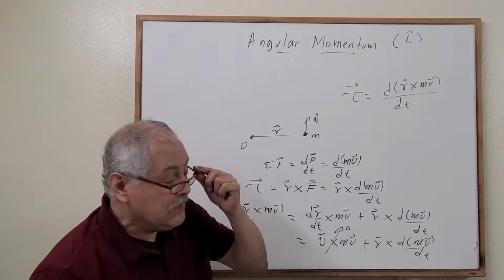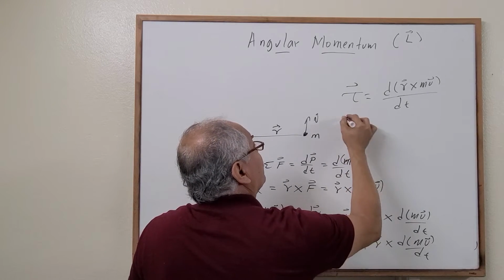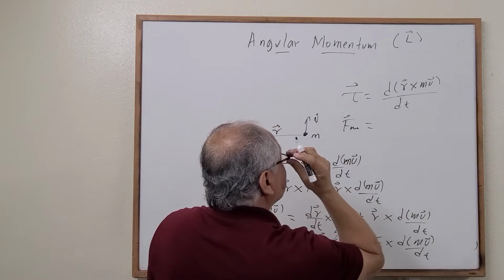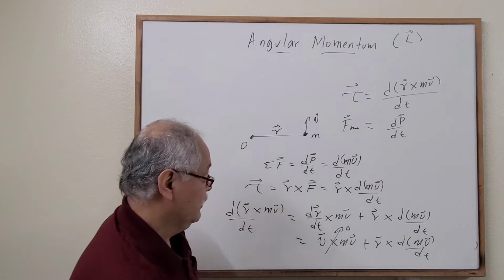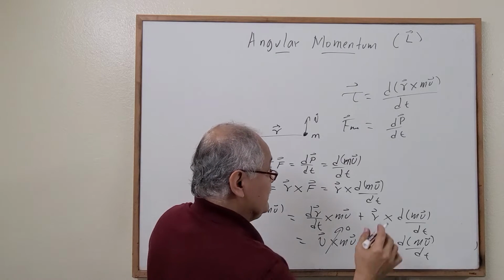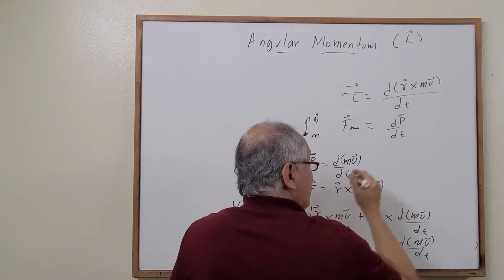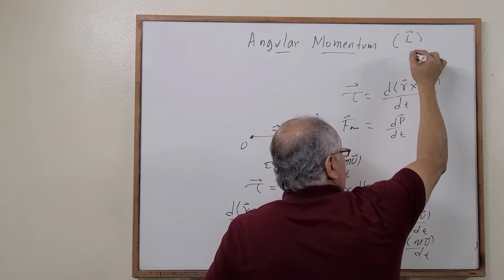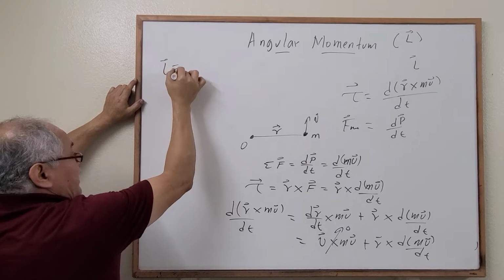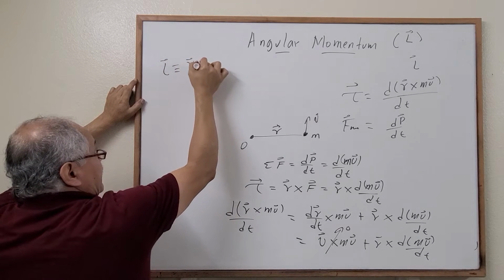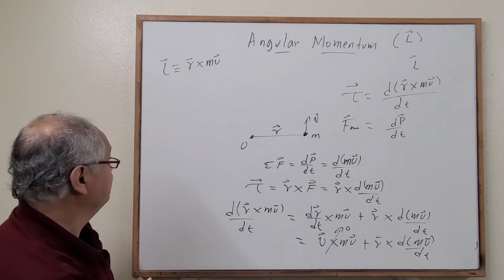When we compare this once more to the net force, which equals the derivative of linear momentum with respect to time, we can see that this quantity is related to momentum, and we call this the angular momentum. So the angular momentum is defined as the cross product of r and the linear momentum.